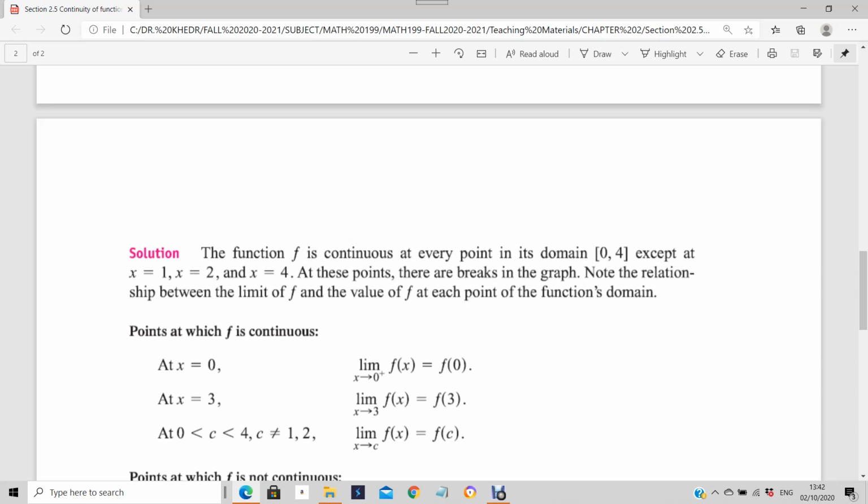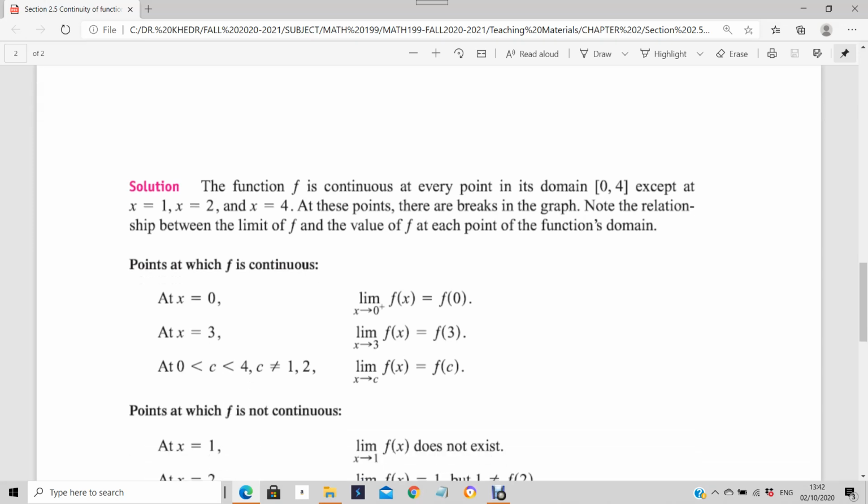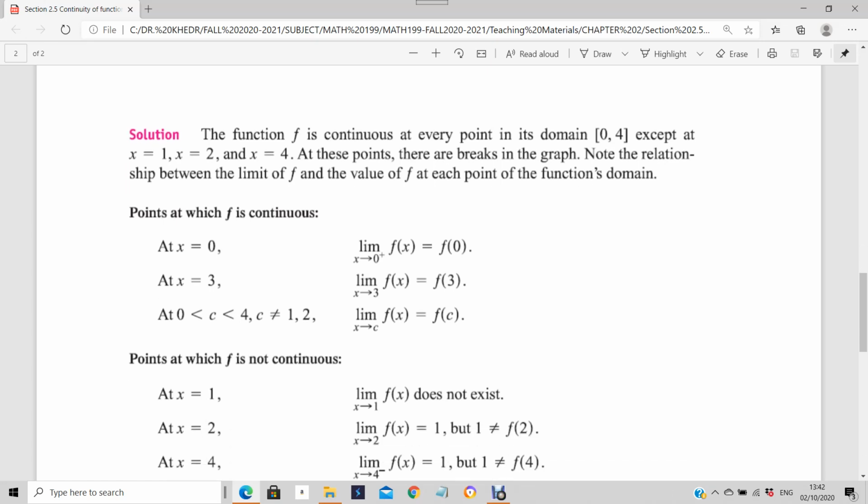So 0 is called the left end of the domain, 4 is the right end of the domain, and all the points between 0 and 4 are called interior points of the domain. We want to test the continuity of this function at x equals 1, at x equals 2, and at x equals 4.